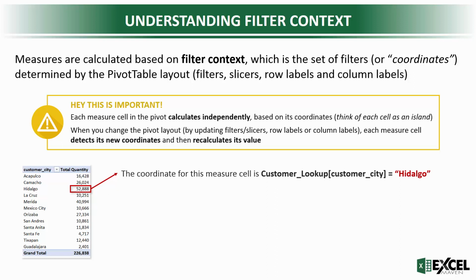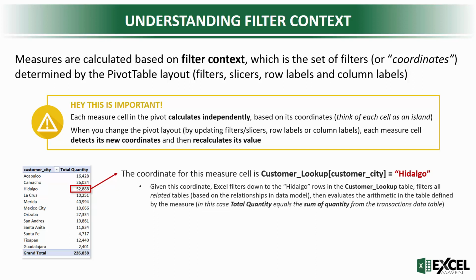Now, what's going on behind the scenes is a little bit more complicated. Given that coordinate, what Excel is basically doing in the background almost instantaneously is it's drilling down that customer lookup table, filtering down to just the rows where customer city equals Hidalgo. And then here's where it gets a little bit new. After filtering the customer lookup table, those filter settings flow to any related tables downstream based on the relationships in the data model.